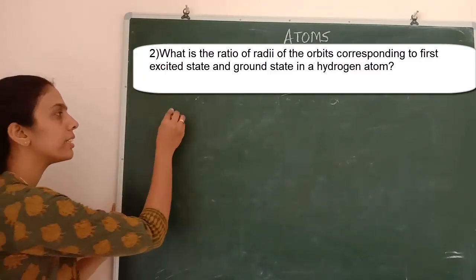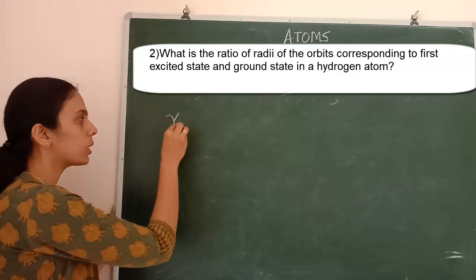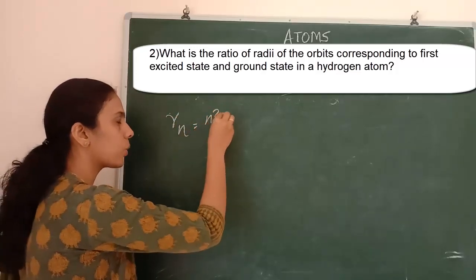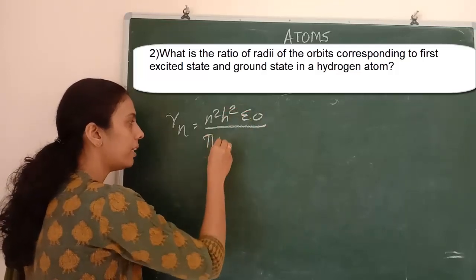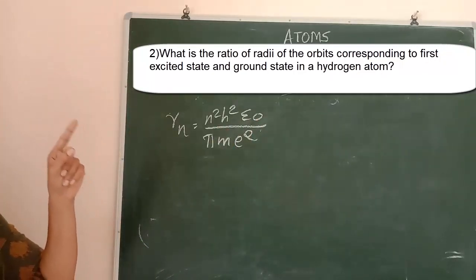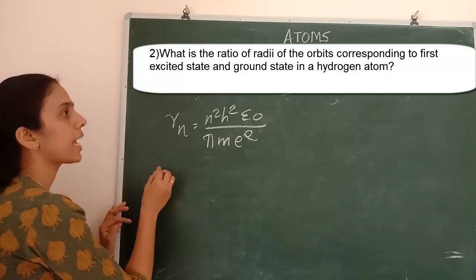So we need the radius of an orbit in the hydrogen atom. We know the formula for the nth orbit: Rn is equal to n square h square epsilon 0 divided by pi m e square.